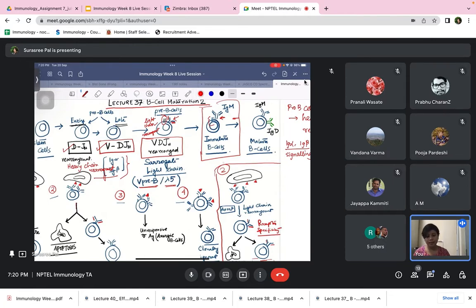So this population is the immature B cells, and it expresses only IgM on their surface, right? So these are all membrane bound immunoglobulins. Now these immature B cells will further mature to become mature B cells, which will be expressing two kinds of immunoglobulin molecules, IgM and IgD, right?